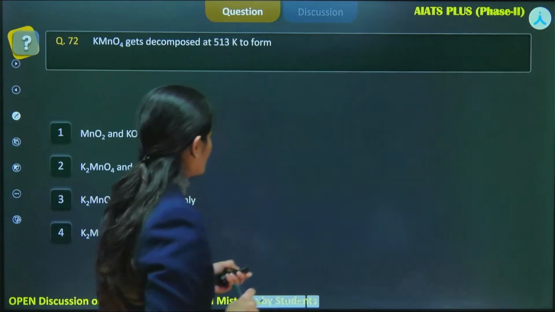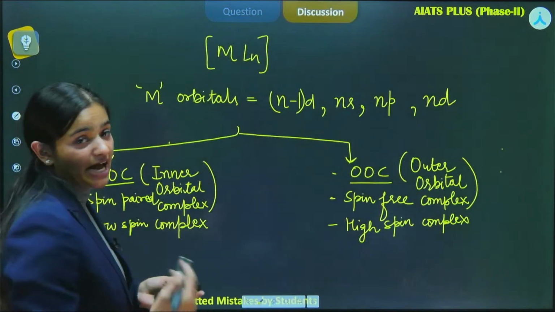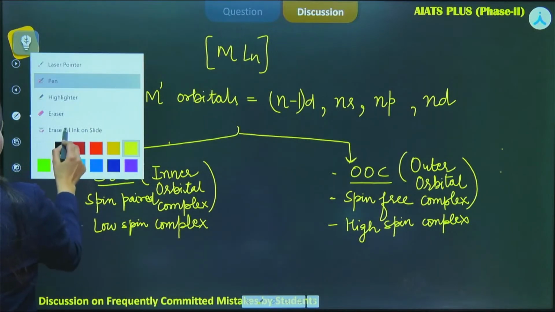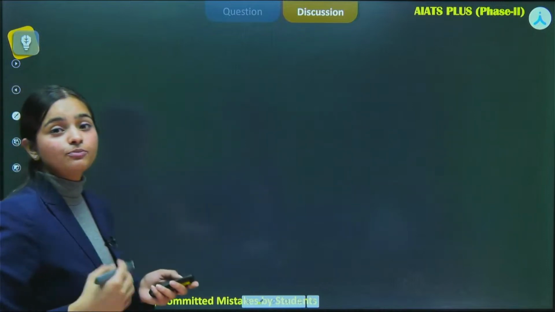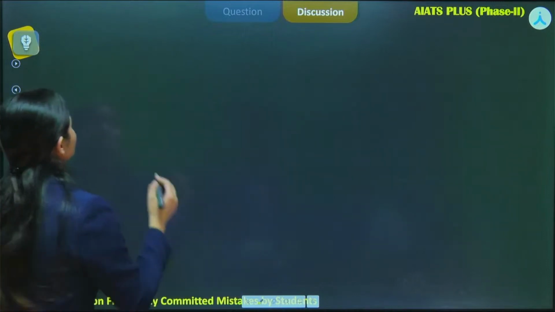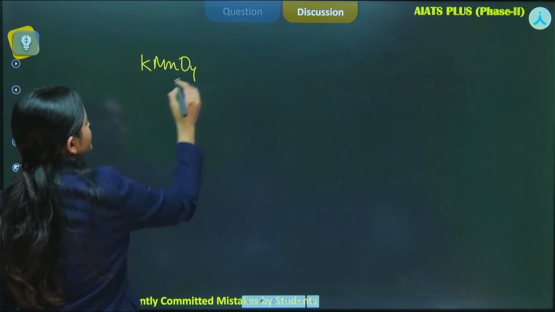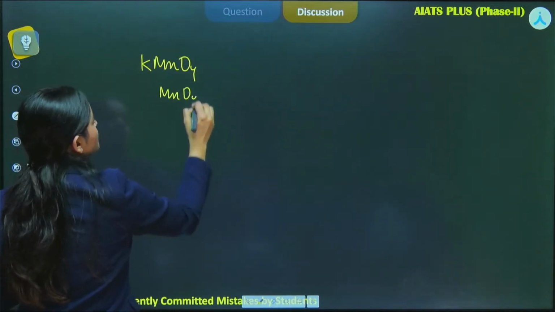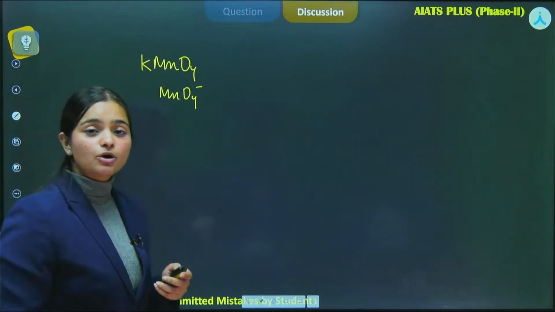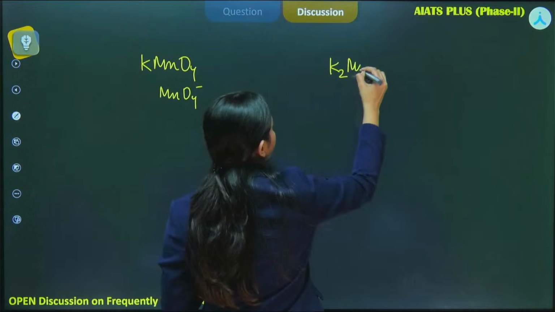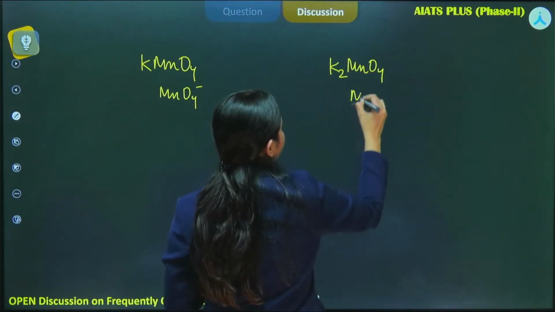Okay, so when we talk about potassium permanganate, it is KMnO4, that is MnO4- ions, and if we talk about potassium manganate, then it is K2MnO4, right?